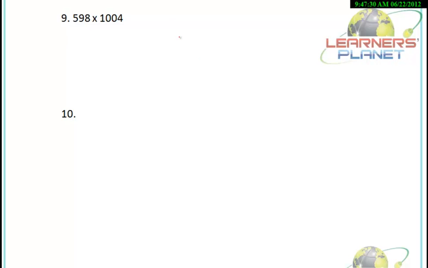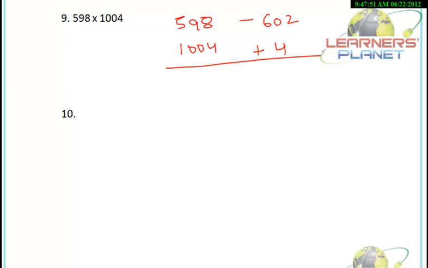Now let's take this example. It's 598 into 1004. It's around 600. We have to choose as the base 1000. Now it is around 600, so it is actually 402 less than 1000, and it is plus 4 from 1000.